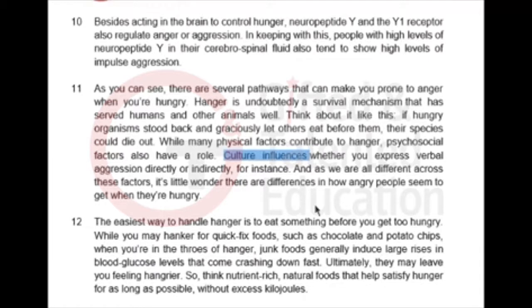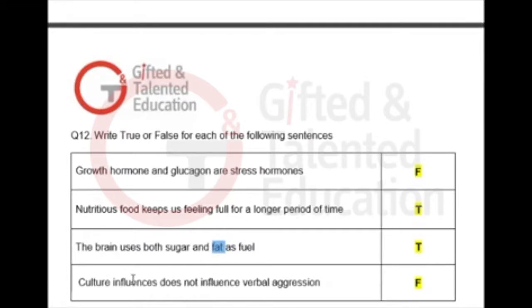Whether you express verbal aggression directly or indirectly, it really depends on your culture. Some people are just more polite. Some people are just more verbal. So there you go, it does affect. So cultural influences does affect verbal aggression. So therefore, this is a false statement.